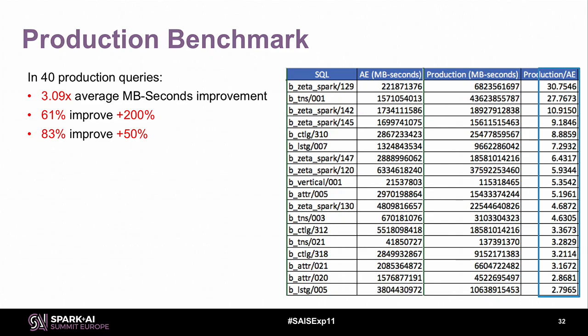On average, these queries improved about 3 times. And 31% of the queries improved over 200%, and 83% of queries improved over 50%. As you can see on the right table, many queries get improved a lot.